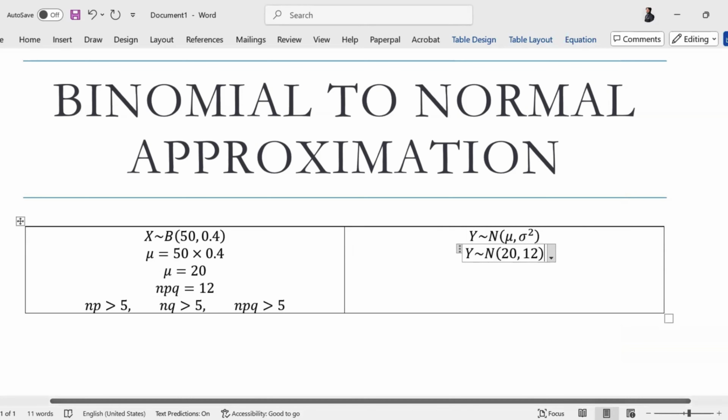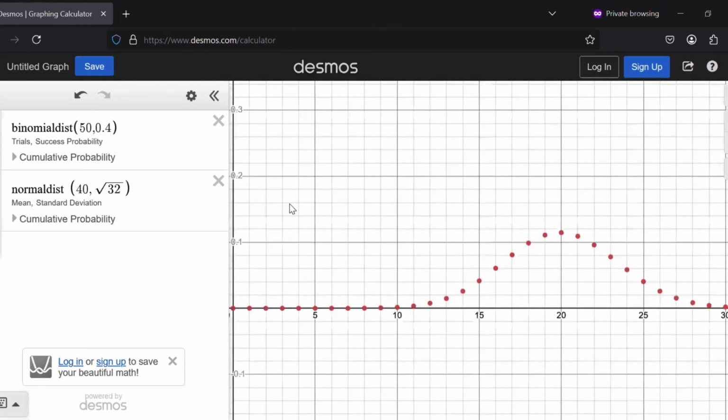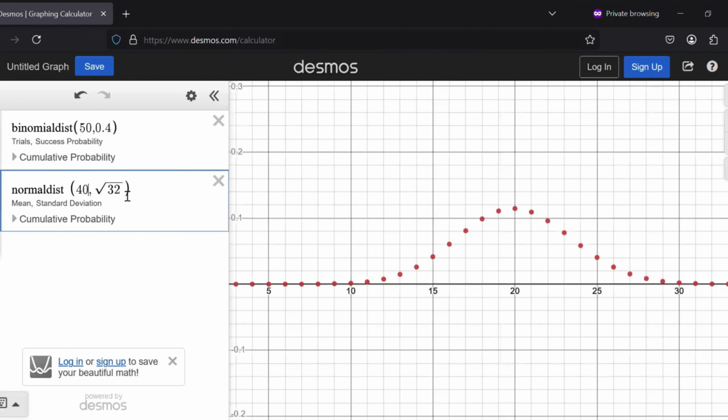Now let's plot it on the graph and see whether the graphs give us the same response. If I plot a normal distribution with mean 20 and variance 20, do you see it is almost replicating the binomial distribution?